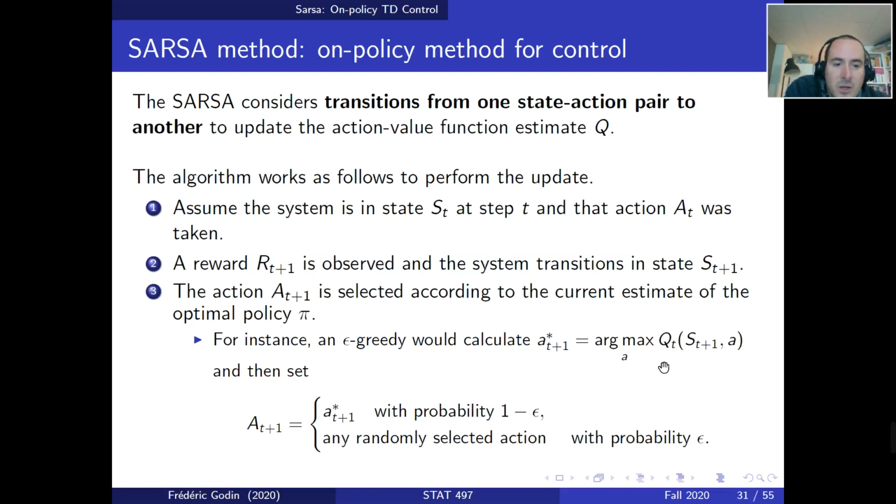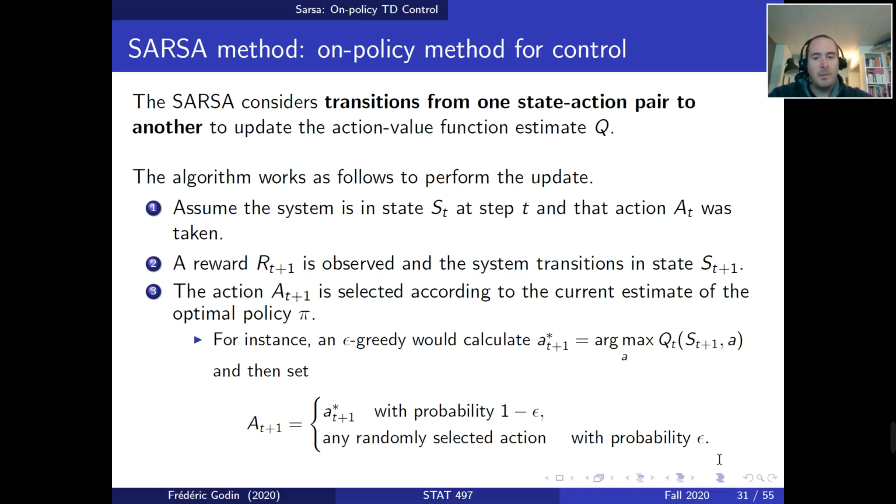It would be the action which maximizes the current estimate of the action value function evaluated at the state S_{t+1} and action A. So the action A which maximizes this is your estimated optimal action. Now to select your next action, you will select either the greedy action with probability 1 minus epsilon or any randomly selected action with probability epsilon.